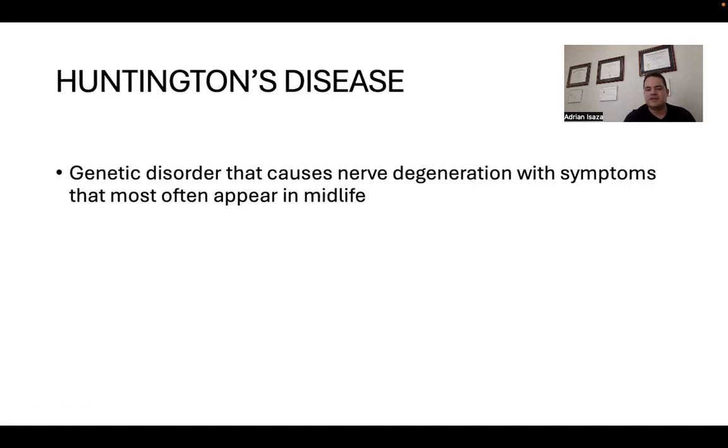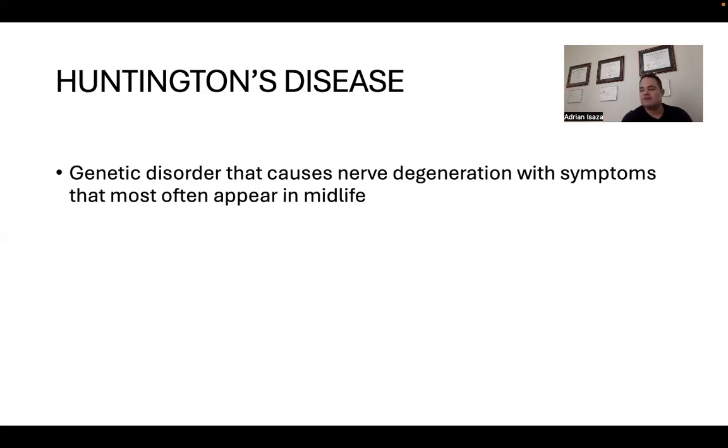Huntington's disease: a genetic disorder that causes nerve degeneration with symptoms that most often appear in midlife. In Huntington's, we have kind of the opposite of Parkinson's. In Parkinson's, what's the problem? High dopamine and a relatively high acetylcholine.